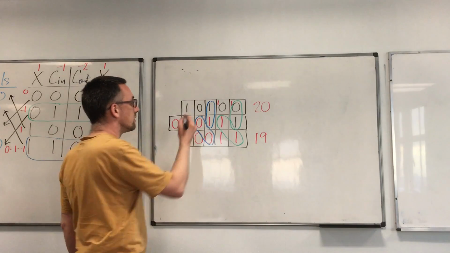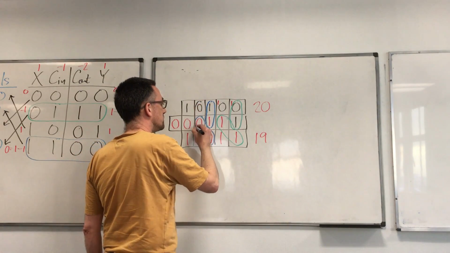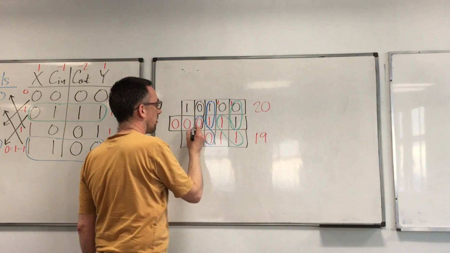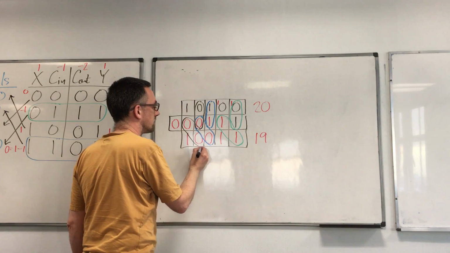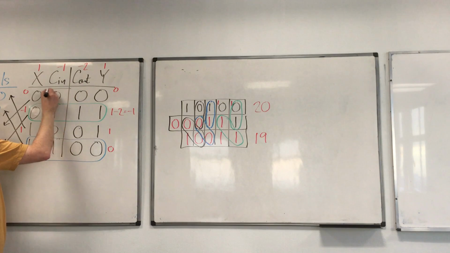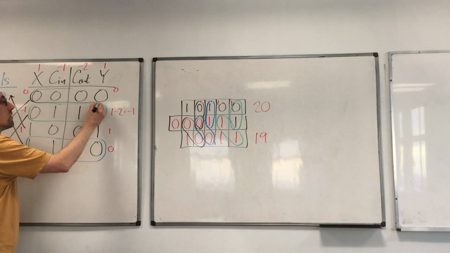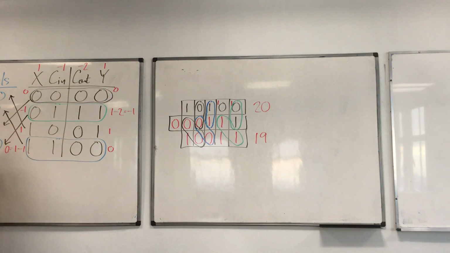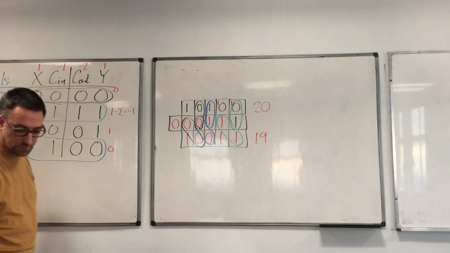If we look here, we have 2 0s coming in and 2 0s going out, and that's exactly what goes on in this row of the truth table for Desmond's decrementer.